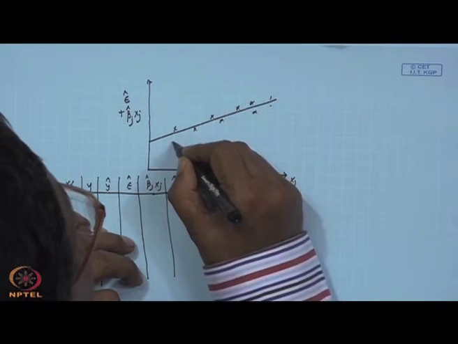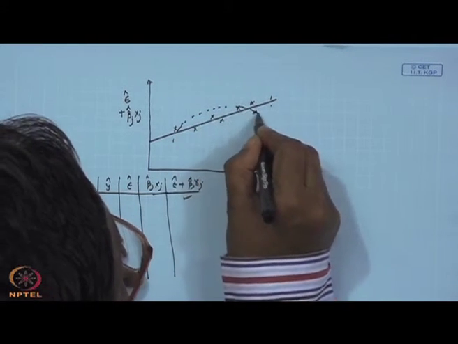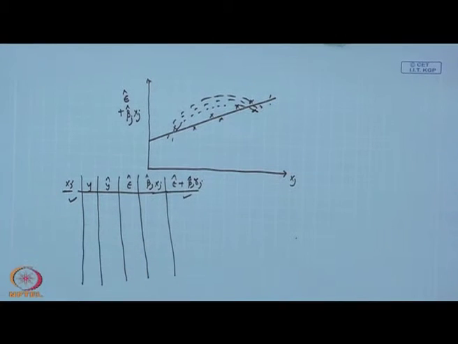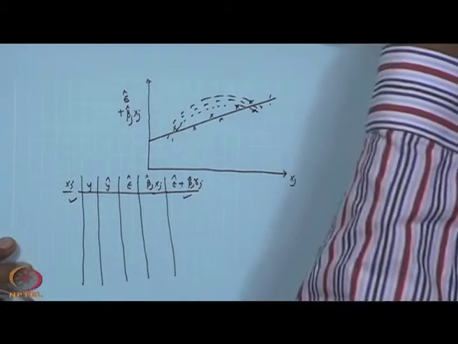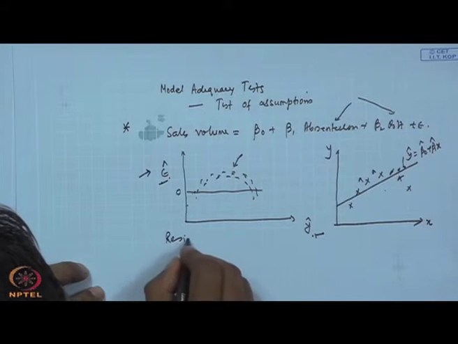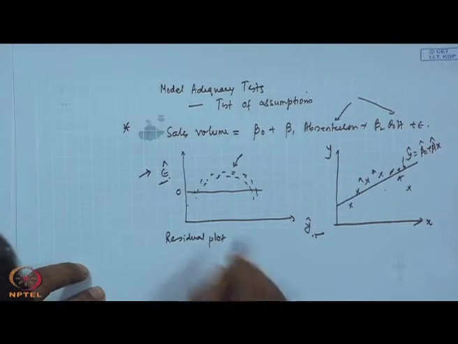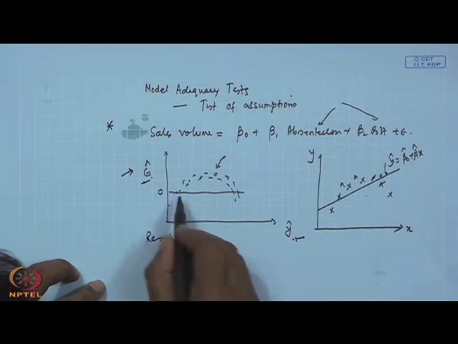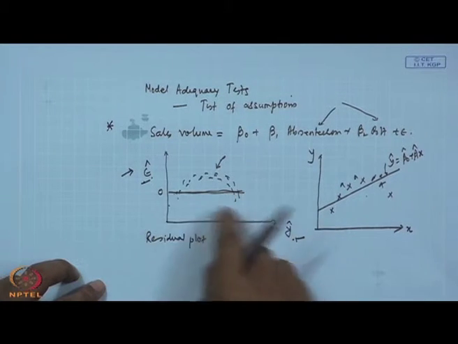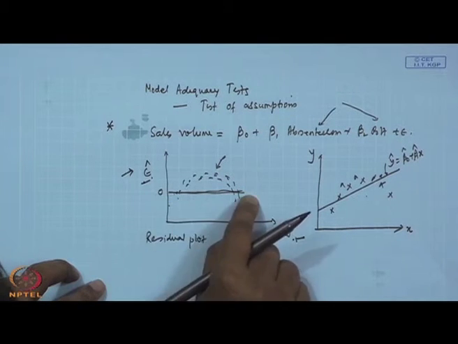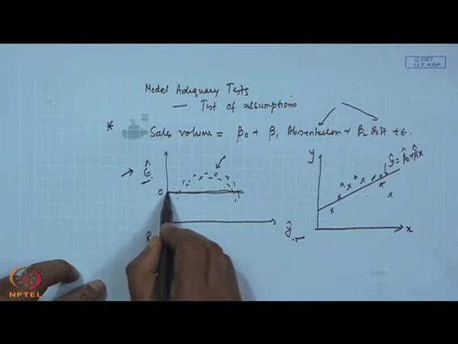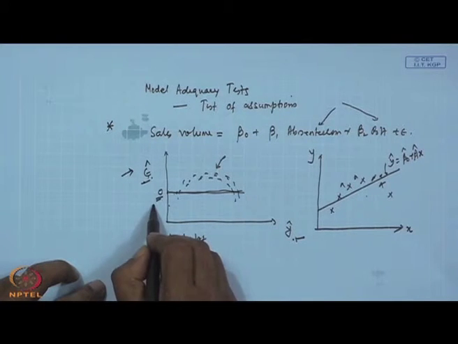In this case, the nonlinear portion will come and it will look like this. Then what is the difference between this plot vis-a-vis the residual plot? This is known as the residual plot, and here you see the nonlinear portion is coming under a straight line which is parallel to y cap, and here the error value is 0.